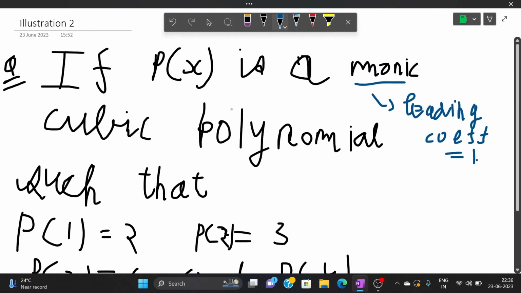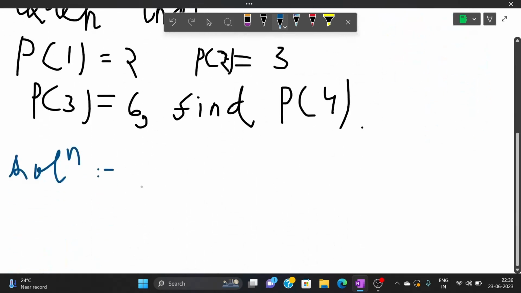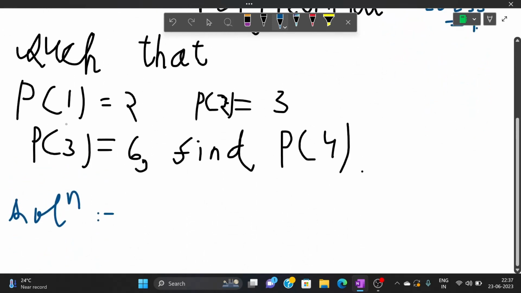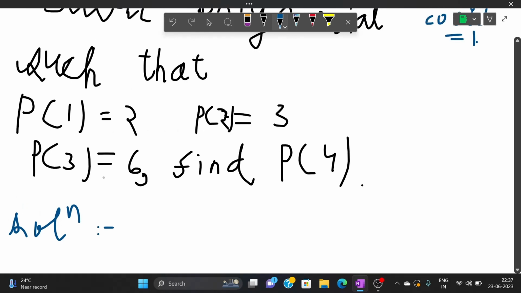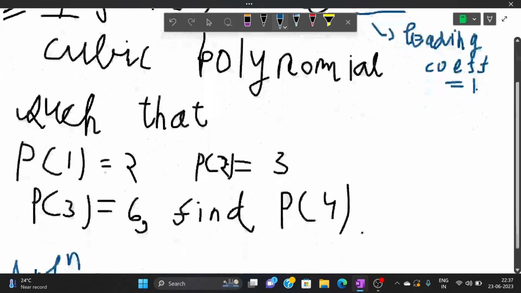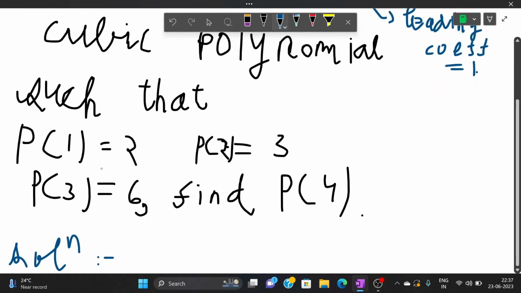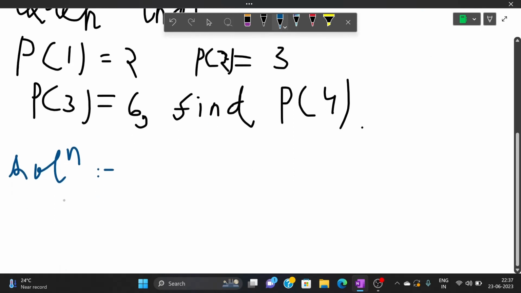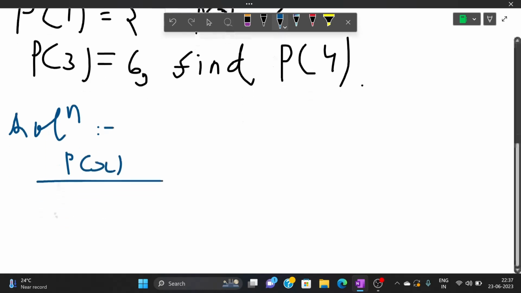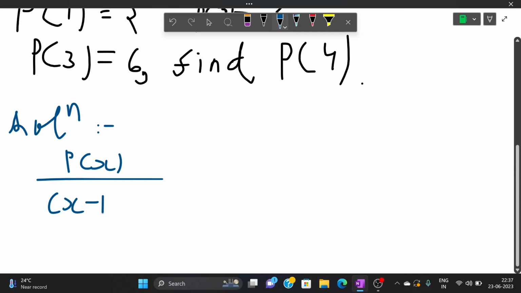So I have P(x), a monic cubic polynomial. I have also been given that P(1) is 2, P(2) is 3, P(3) is 6. So what I can say is, let us say that I divide P(x) by x minus 1 into x minus 2 into x minus 3.